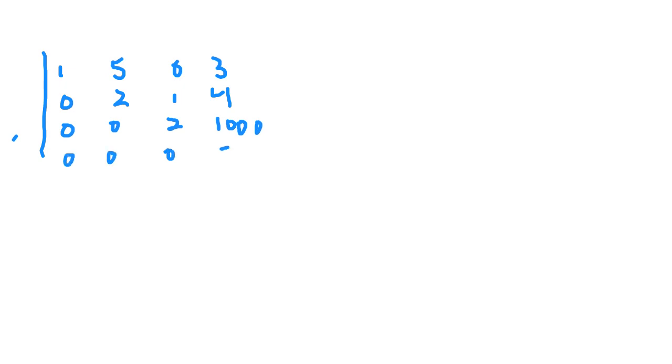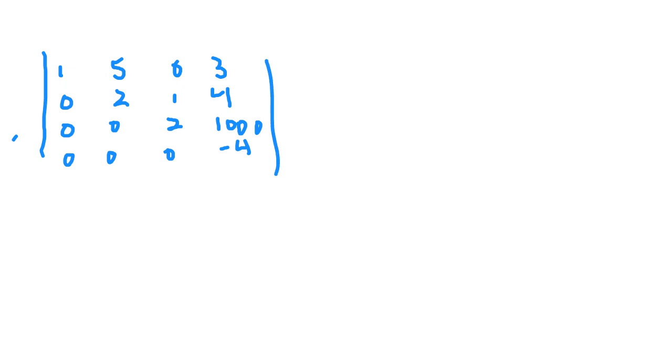Let's just proceed here. So we have 1, 5, 0, and 3. 0, 2, 1, and 4. 0, 0, 2, and that scary 1,000 number. And then 0, 0, 0, -4.